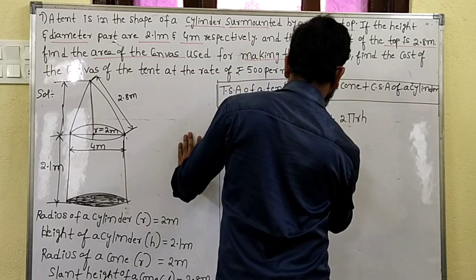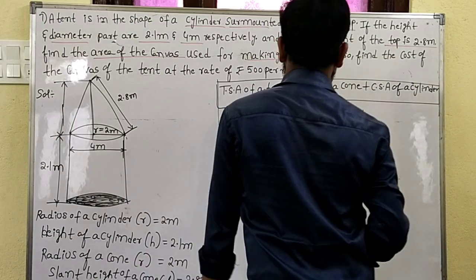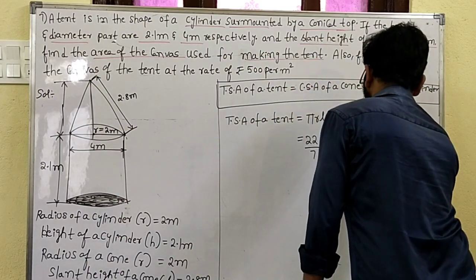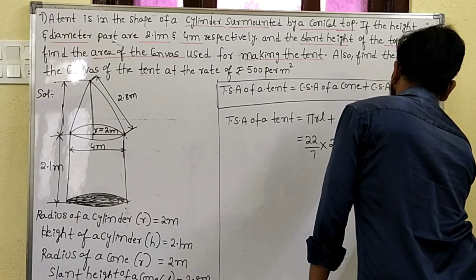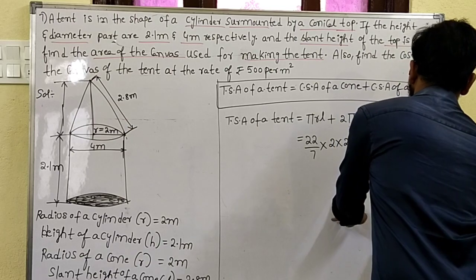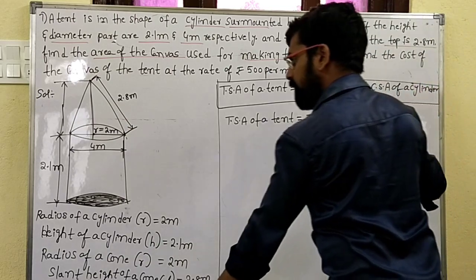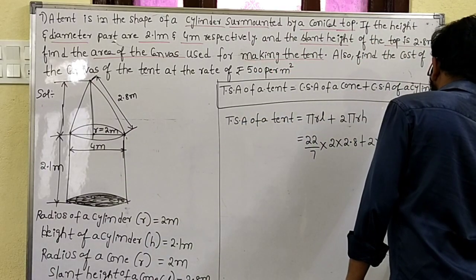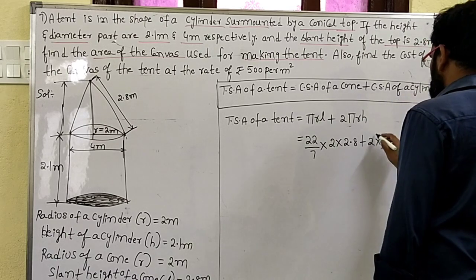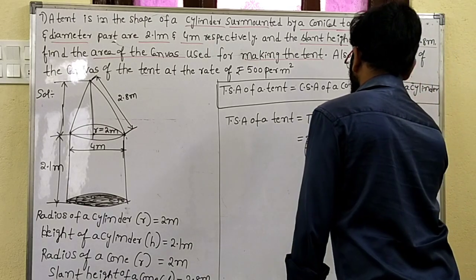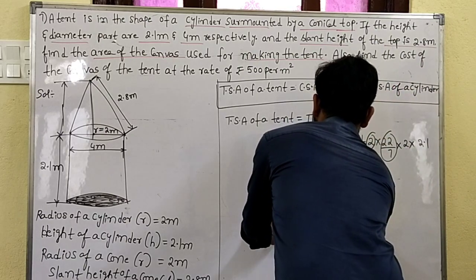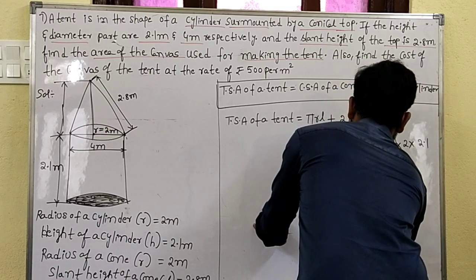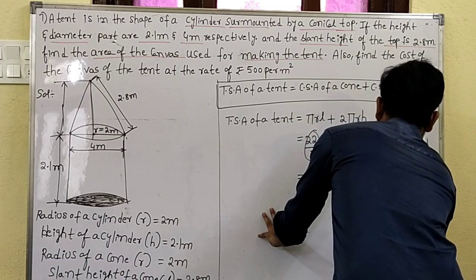Pi equals 22/7 into the radius of the cone, which is 2, and l is 2.8, plus 2 into 22/7 into radius 2 into height, the height of the cylinder, which is 2.1. 2 into 22/7 is common, so taking it common, the remaining will be 2.8 plus 2 into 2.1.